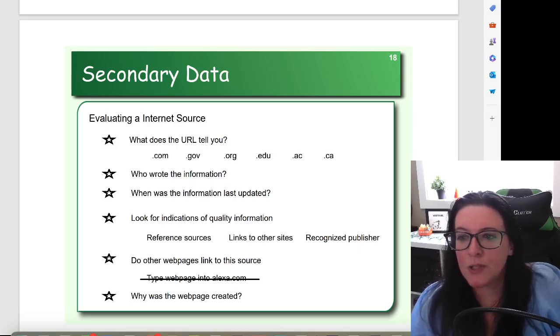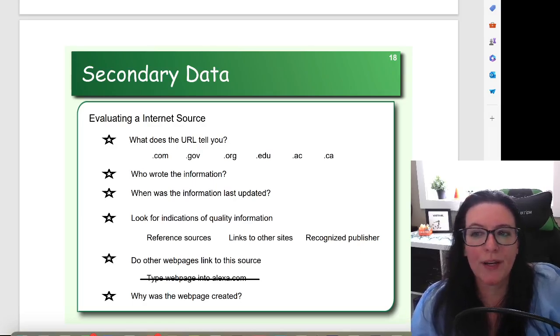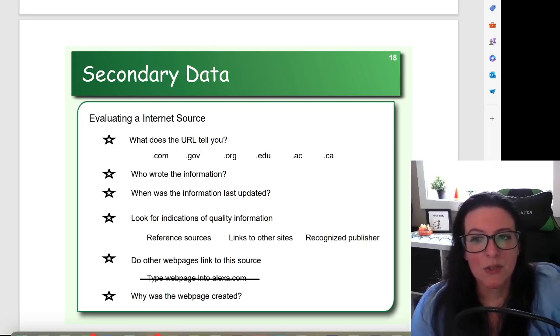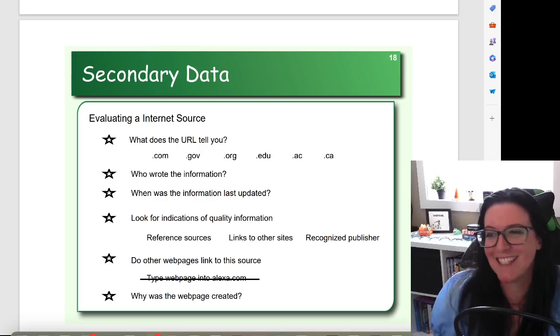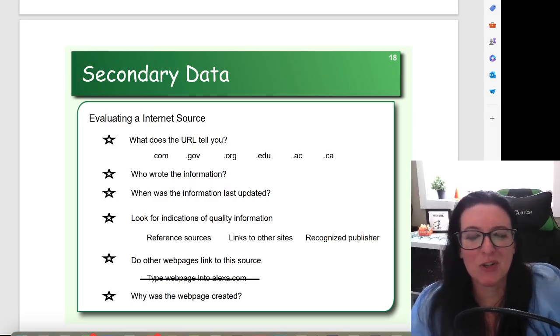Okay. We can also look for other indicators of quality information. Do they reference their sources? Is it a recognized publisher? Are there links to other sites? So we can often measure reputability in terms of how many other websites reference it, whether they trust it.